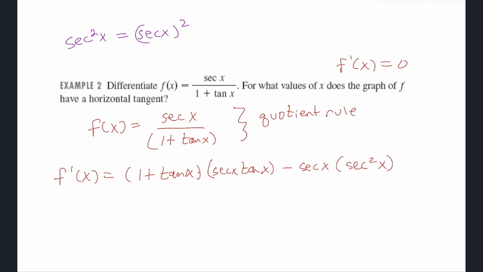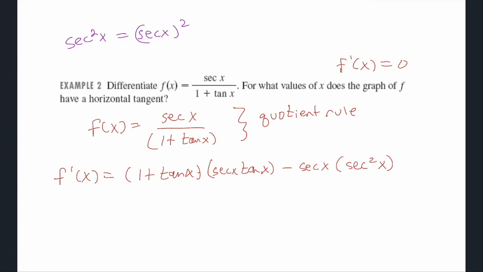Mathematicians, if they can find a way to be lazy about their writing and their notation, they're going to be. So they just put it there as a little shortcut so they didn't have to write the parentheses, but that is what that means. The reason they don't put it just like a secant of x with the 2 there is, is the 2 on the whole secant or is it just on the x? So it differentiates between those two things.